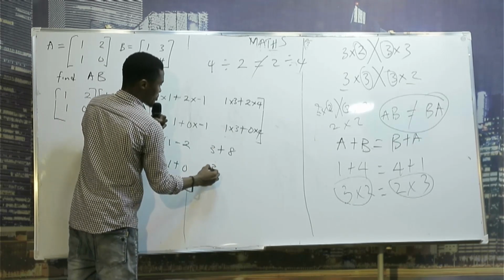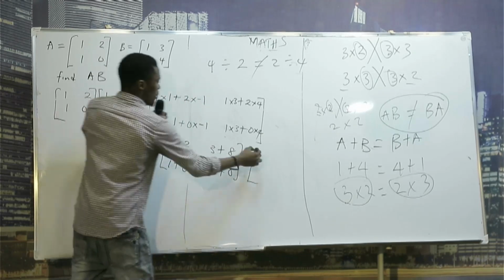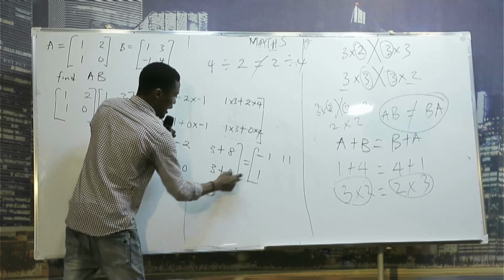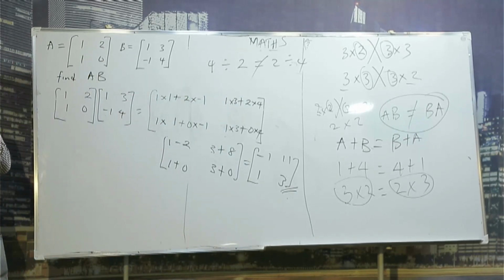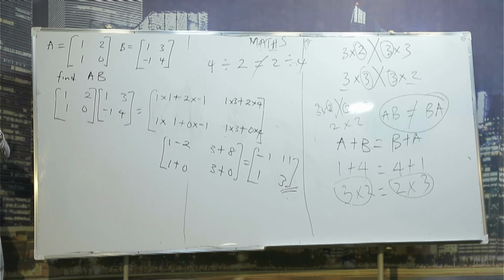Final answer is what? Minus 1, 11, 3. And that is our answer. Is it difficult? It's not difficult, it's just tricky, right? Because if you make a mistake and put another number, you will just be off.